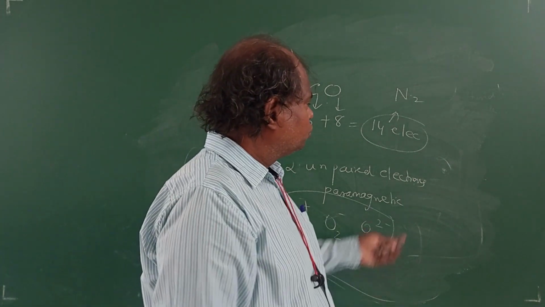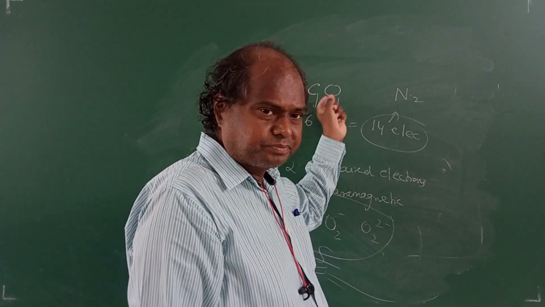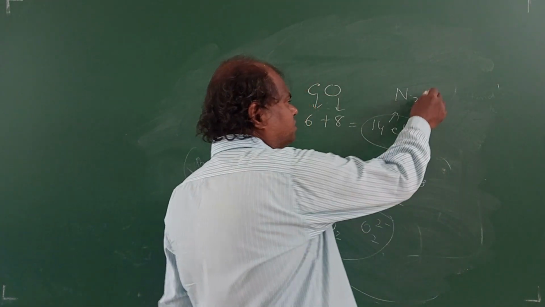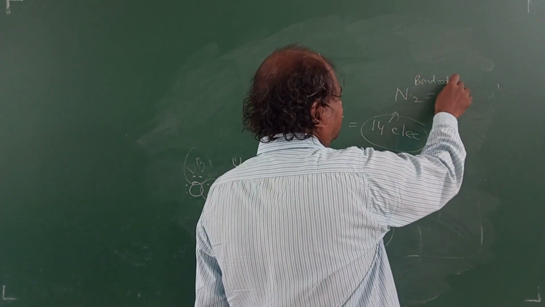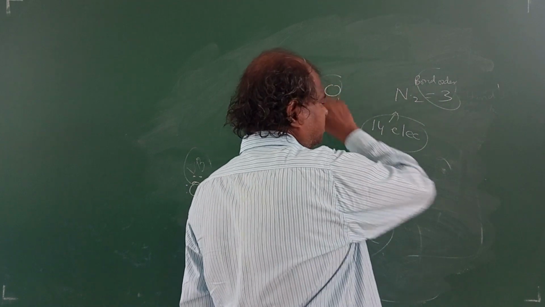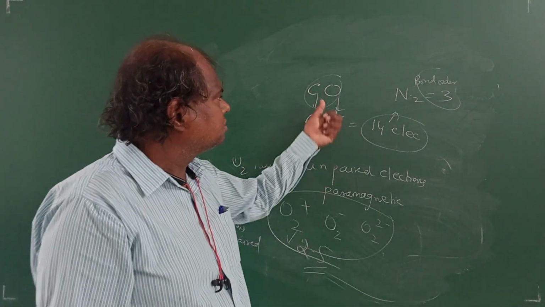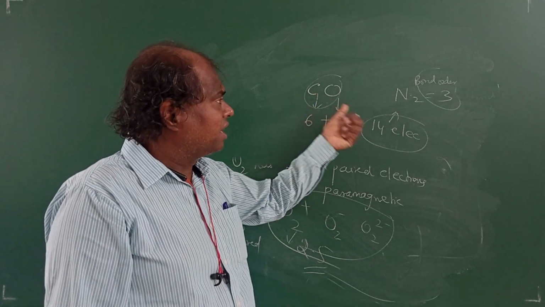So whatever bond order you get for N2, the same bond order you will get for CO. The bond order of N2 is 3, triple bond. Same thing you will get for CO. So you can easily find out. Very clear? These are called isoelectronic.